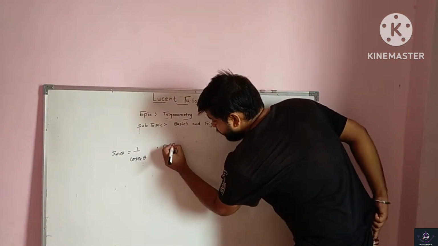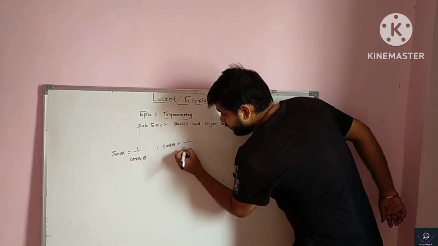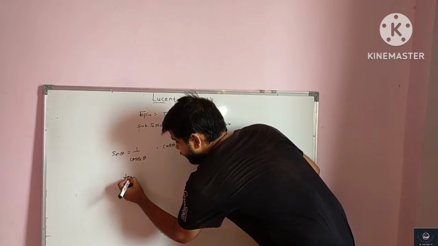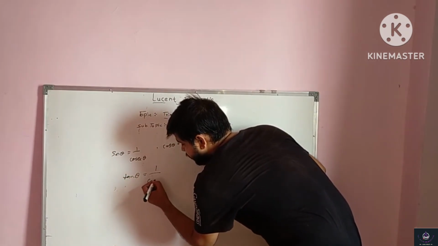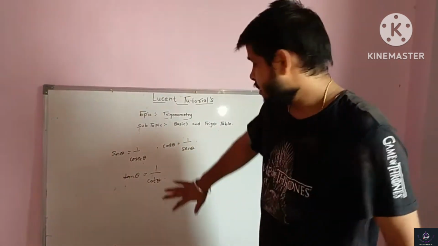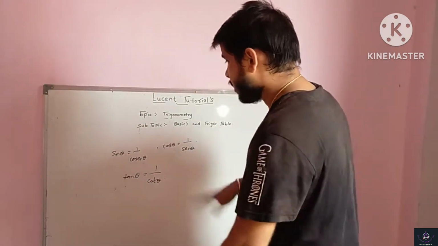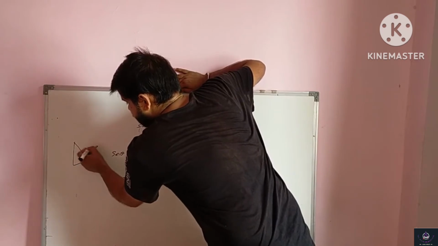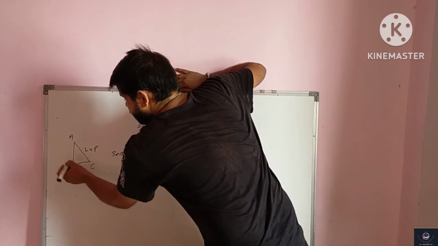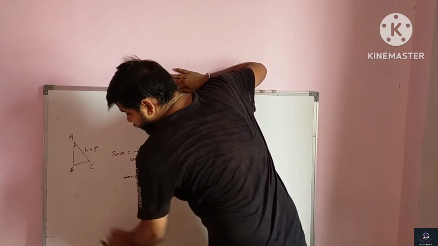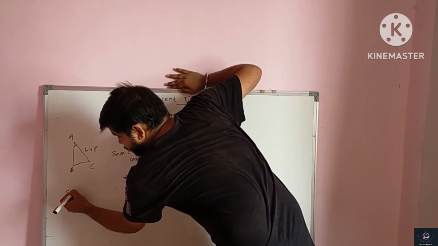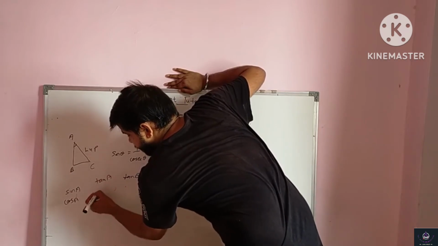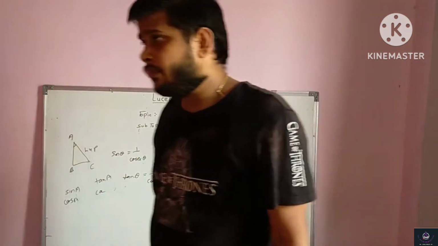Next is cos theta, which is 1 upon sec theta, or cos theta is the reciprocal of sec theta. Tan theta is 1 upon cot theta. Got it? And we can write it either way. Now in the right angle triangle, this is the hypotenuse, and this is A, B and C. While talking about A, we have to find the ratios sin A, cos A, tan A, cot A, and so on.